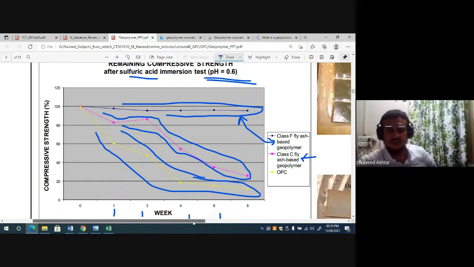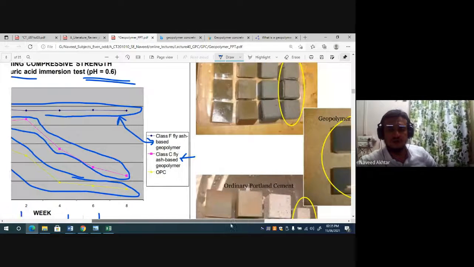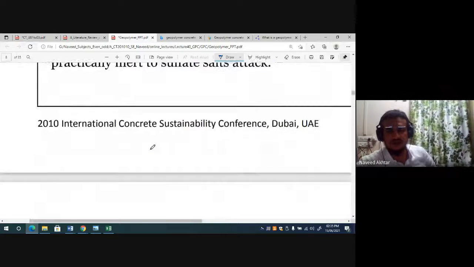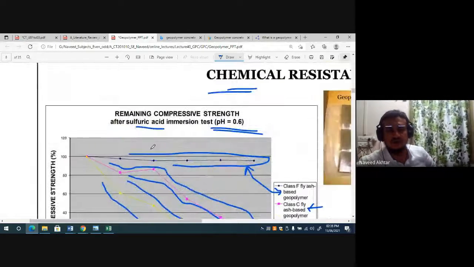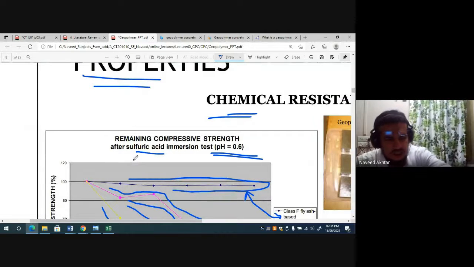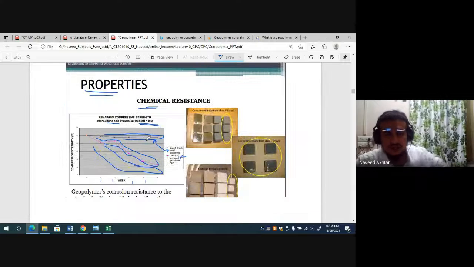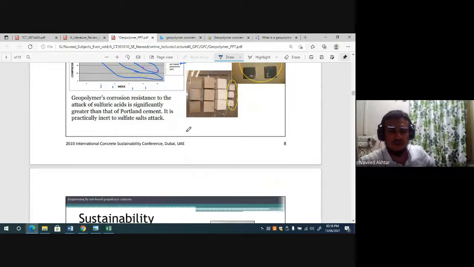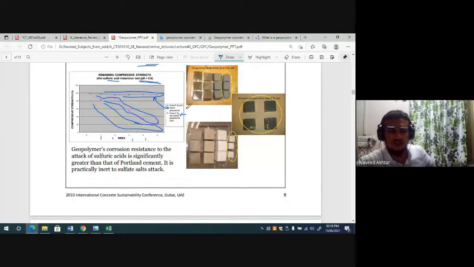So we can say that these geopolymer concretes are very durable concrete and can be used for our regular or ordinary concrete.